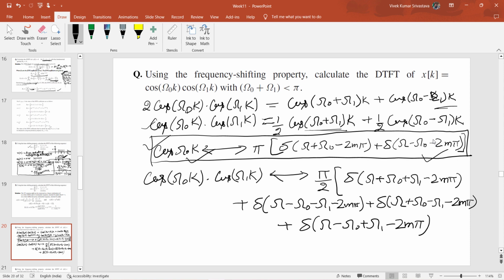This is the discrete time Fourier transform corresponding to the given signal, cos rho naught k into cos rho 1 k.